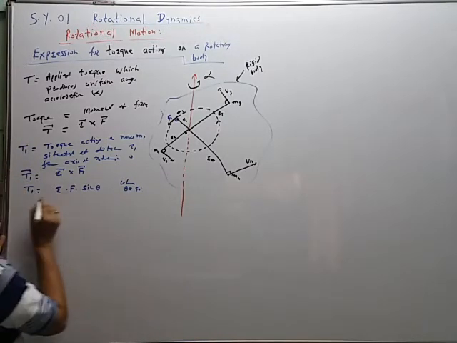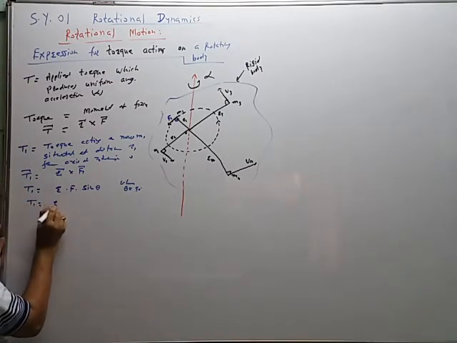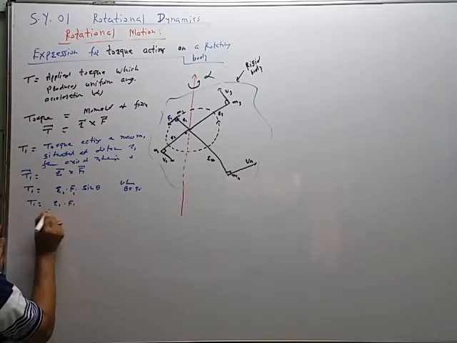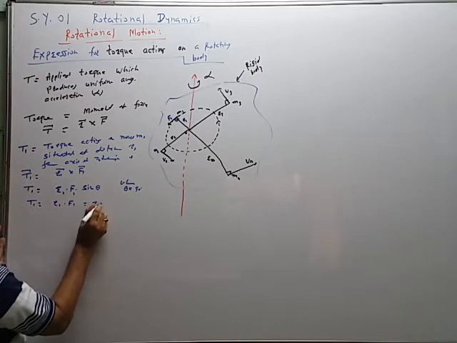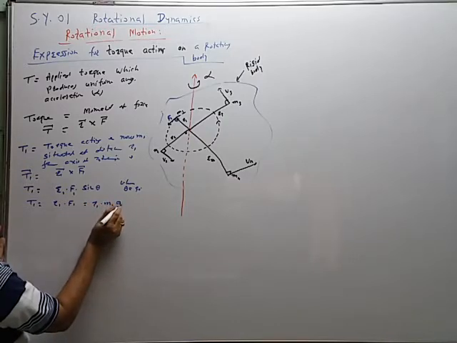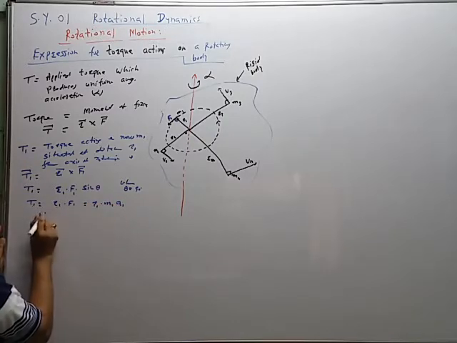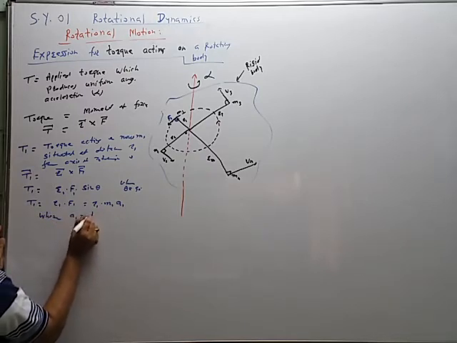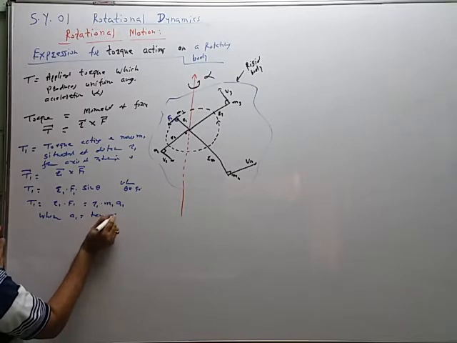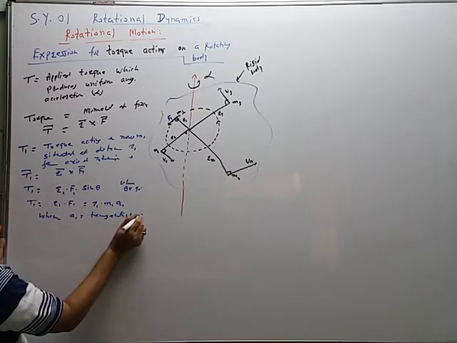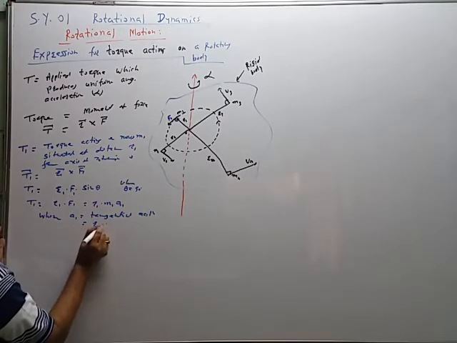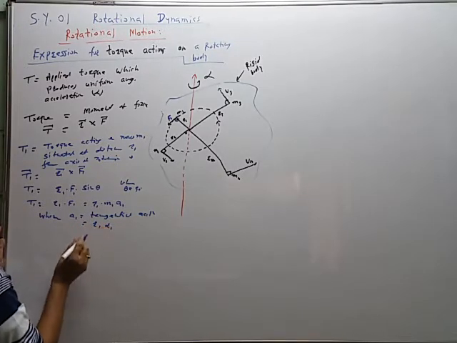Theta is equal to 90 degree, and therefore T1 is equal to r1 F1. By Newton's second law, this is equal to mass m1 multiplied by acceleration a1, where a1 is the tangential acceleration in the direction of v, and it is given by r1 alpha1.